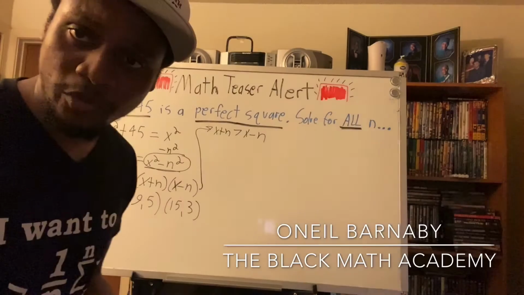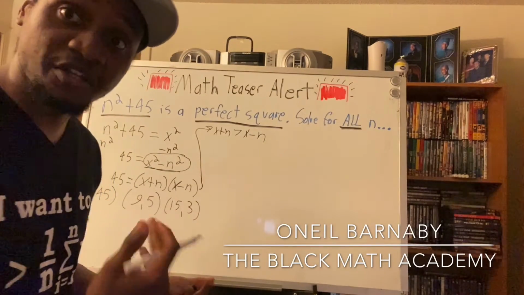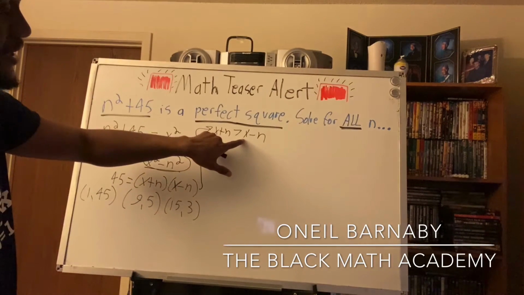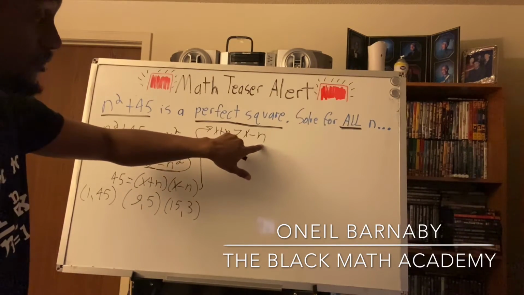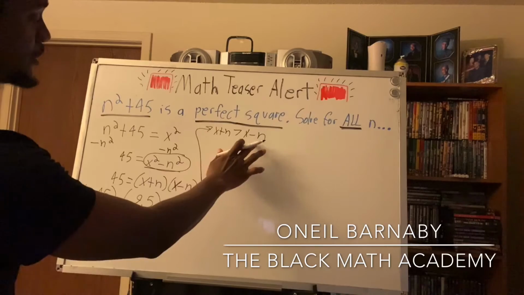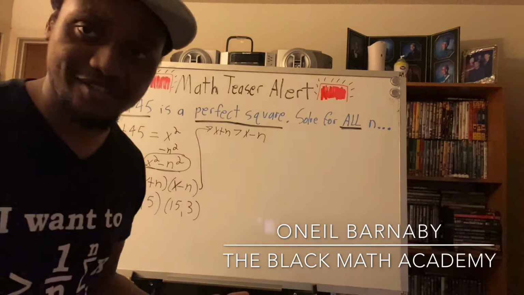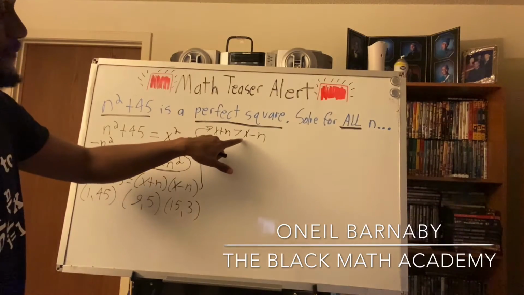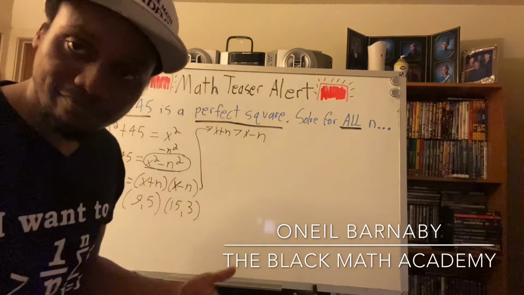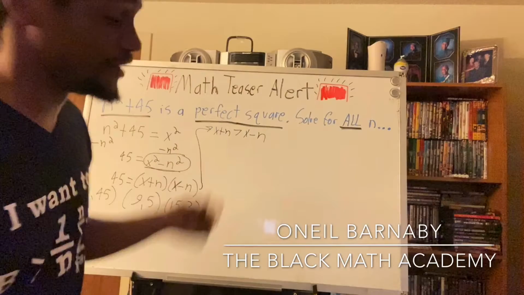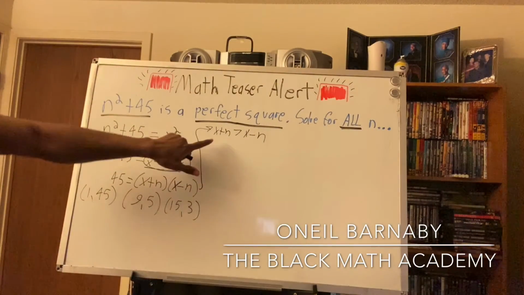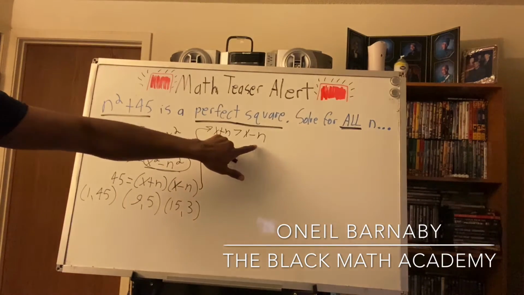It's just a matter of simple logic, but if you don't understand it, just plug in numbers and see. If you take x and add a number to it, and then take that same x and subtract that same number from it, there's no way that this value can be bigger than that value. That just doesn't make any sense. 5 plus 8 versus 5 minus 8: 13 is bigger than negative 3. So that's what I'm trying to show. This value has to be bigger than that value.